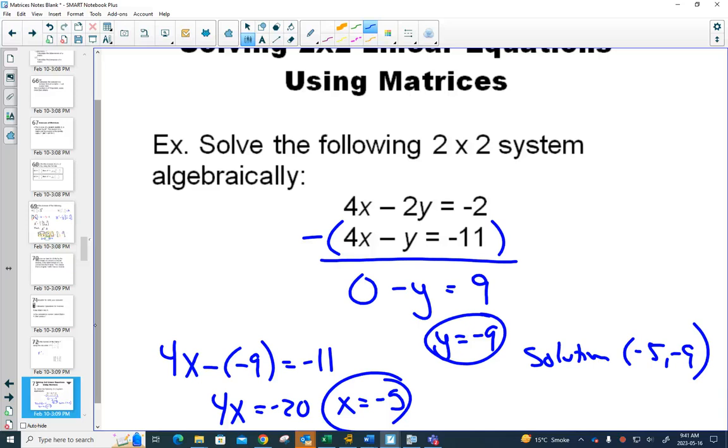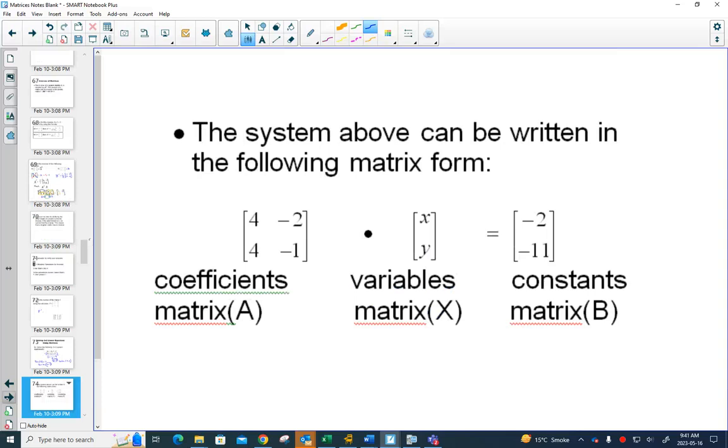But what we're going to do is take this equation. We are going to make a matrix with the coefficients: 4, -2, 4, and -1. We are going to make a matrix with the variables. We're going to put an equal sign and make a matrix with the answers.